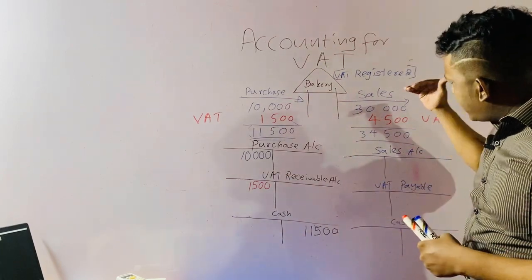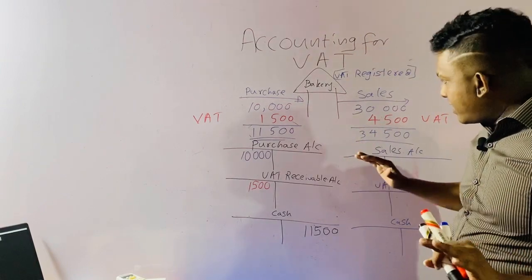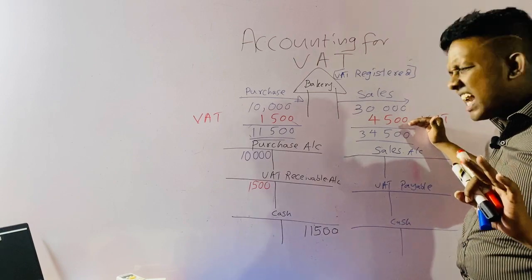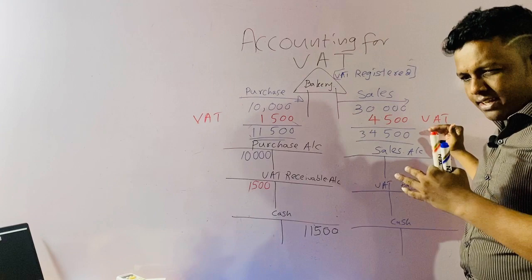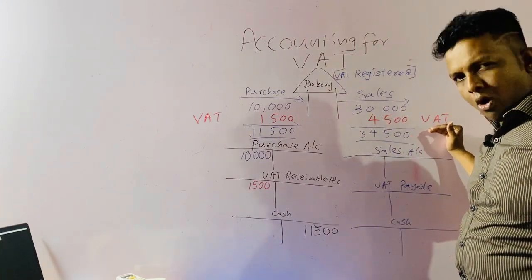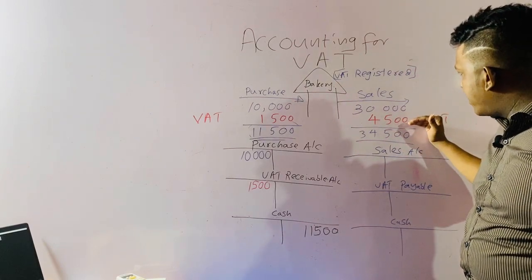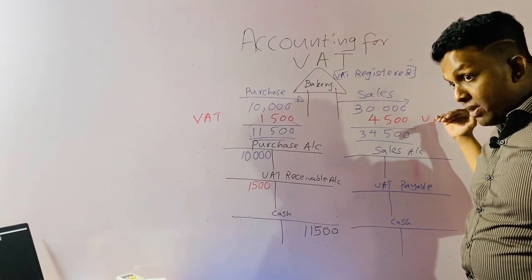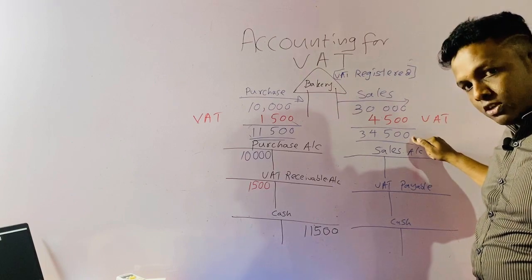So the 30,000 is our revenue. It's okay, but we have to charge 4,500 rupees as the VAT portion. Forget about the ratio and all that. Just take that it's 15%, but forget about it for a moment, right? Get the figure. The 4,500 is the VAT that we are going to charge from the customer on behalf of the government, and the invoice value will be 34,500.